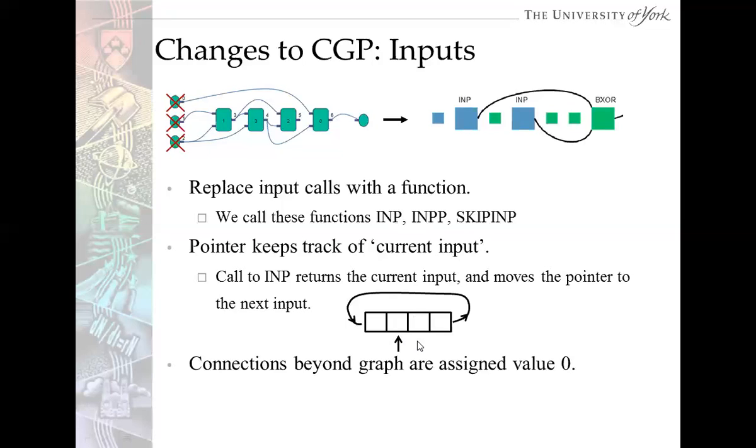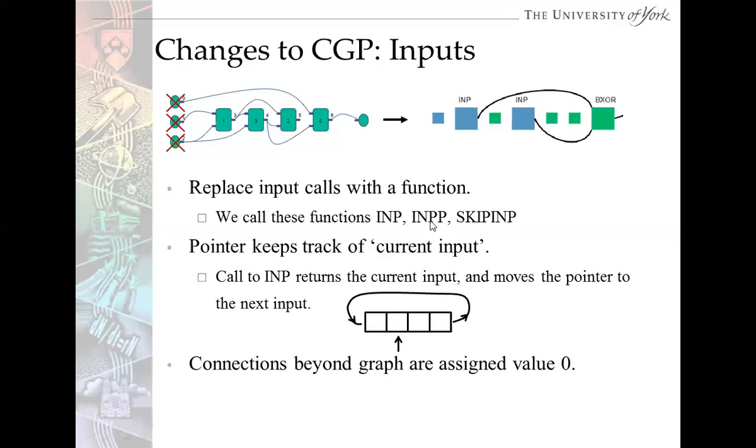It increments it. And note that this register of inputs, which is just your problem inputs, is assumed to be circular. So if you keep incrementing the pointer and you go beyond the register, you come back and read the first entry in the input register.